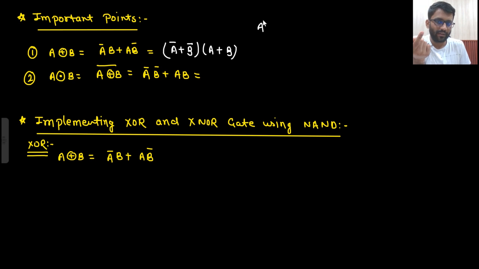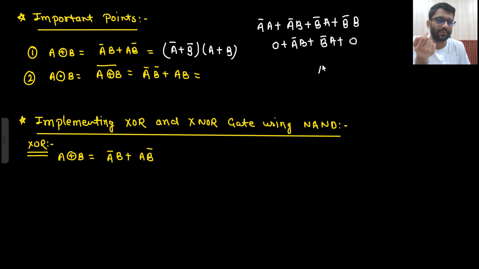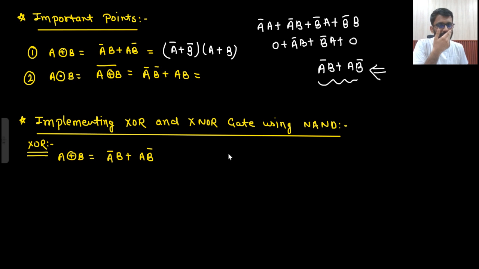A bar into A, plus A bar into B, plus B bar into A, plus B bar into B. A bar into A is 0, plus A bar B, plus B bar A, and B bar into B is 0. So A bar B plus A B bar. This is the answer. So these two are the same.